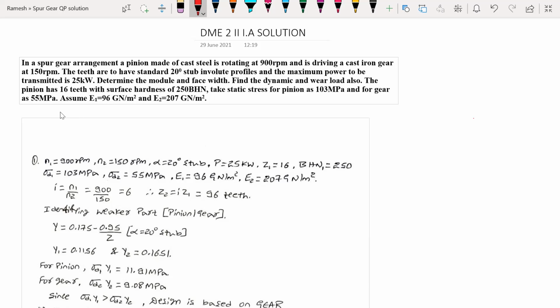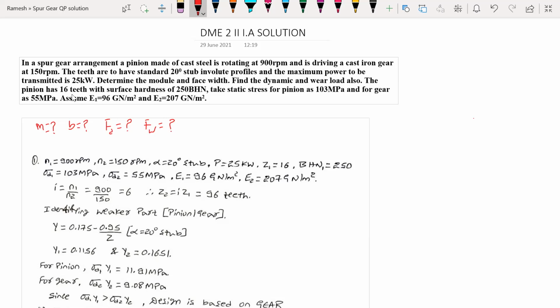You need to calculate the module in this. And face width. You need to calculate the face width. It is denoted by B. Find the dynamic and wear load. You need to find out the dynamic load FD and wear load. It is denoted by FW.